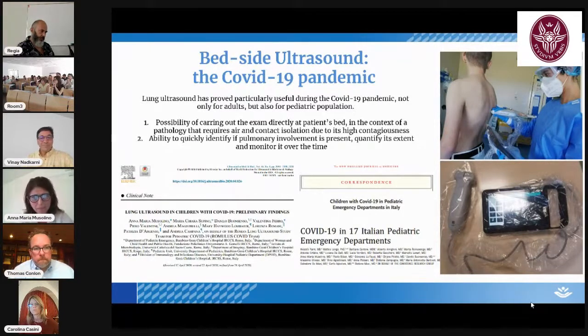It allows the exam to be carried out directly at the patient's bed, quickly identifies if pulmonary involvement is present in a child with COVID-19 infection and quantifies its extent, and especially monitors it over time at the bedside, avoiding moving the patients around the hospital.